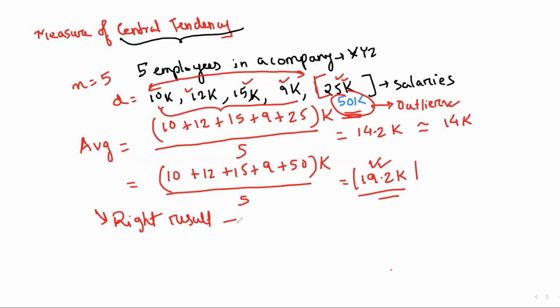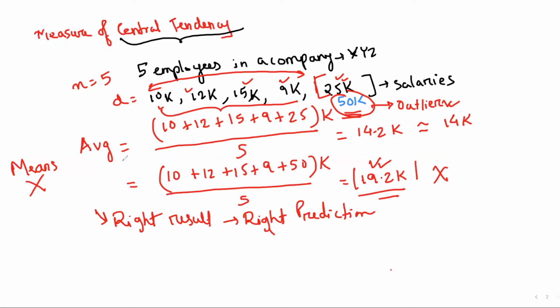Right result will lead to right prediction, right? But because of this particular guy, my whole result, my whole prediction is going wrong. This cannot be considered as the average. So the mean fails there. Mean fails in calculating the average.